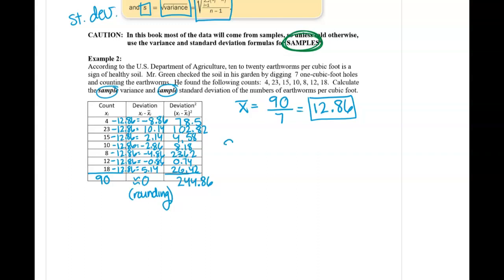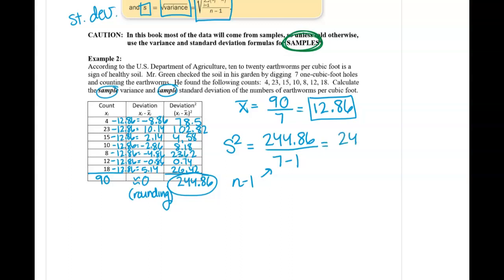Okay. So now we had our mean. To find our variance, which is now s squared, we take that total divided by not 7, but 7 minus 1. That's our n minus 1, just because it's a sample. We're told to do a sample, so we use n minus 1.